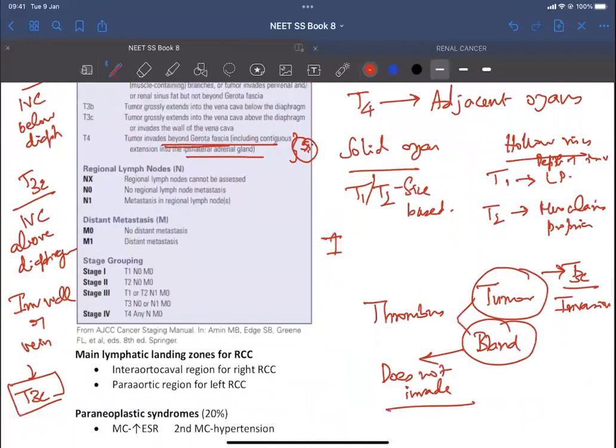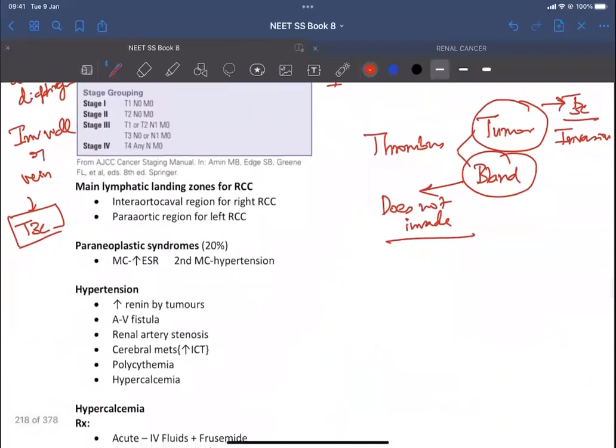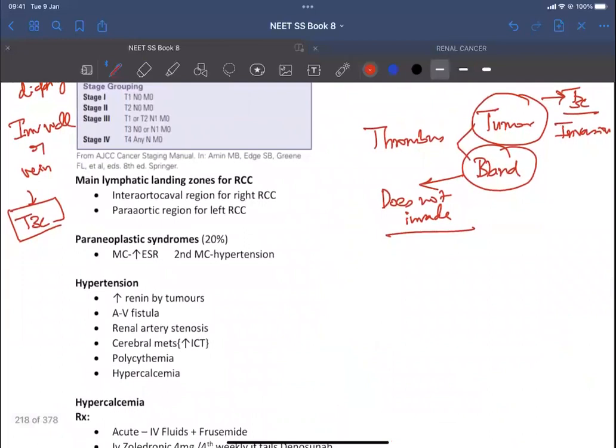Yes, N staging and M staging is quite simple. N0 and 1, M0 and 1. So that is quite self-explanatory. So how do we assess for lymphadenopathy? Contrast-enhanced CT is the investigation of choice.